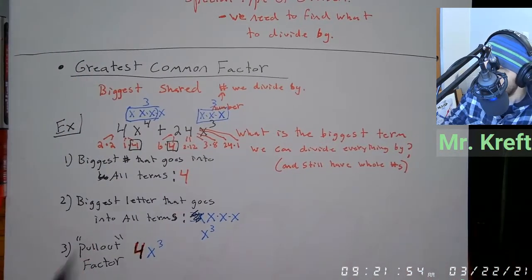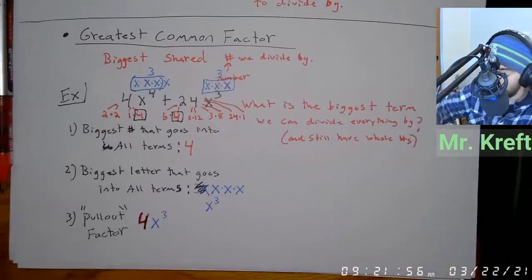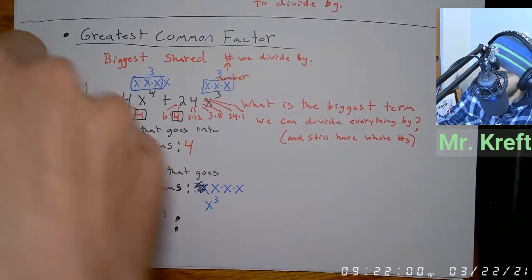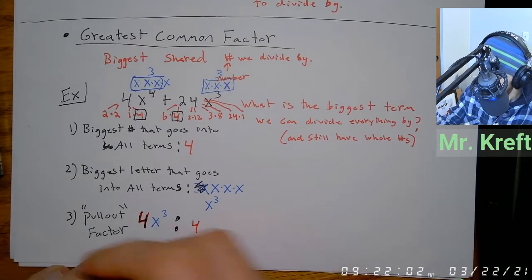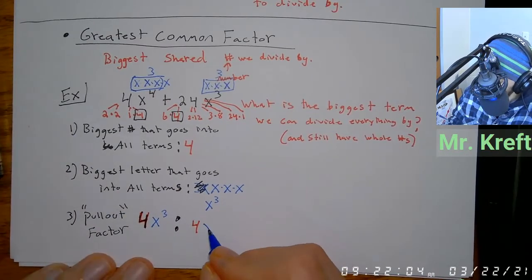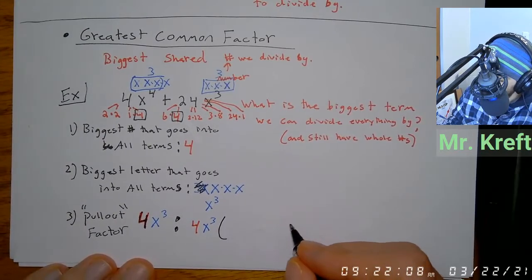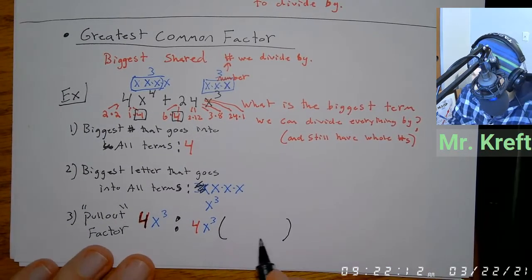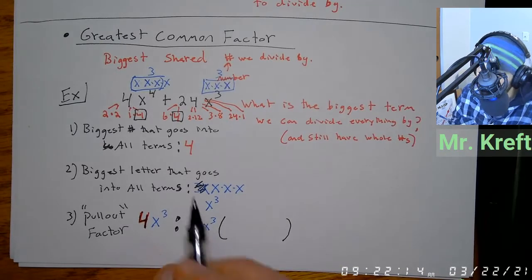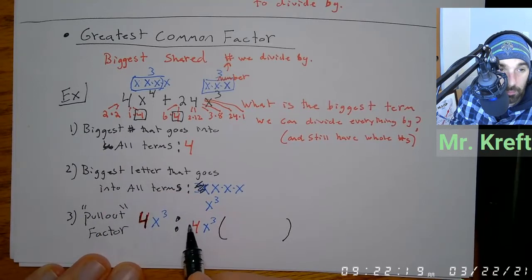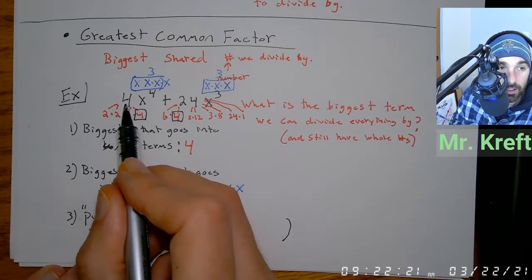Okay, so what is this going to look like? I'm just going to scoot over here. So I'm going to have the 4x cubed, and then we have to figure out what's left. So if I pull out a 4 out of this first one, do you guys see how I'm pulling out a 4? Right?